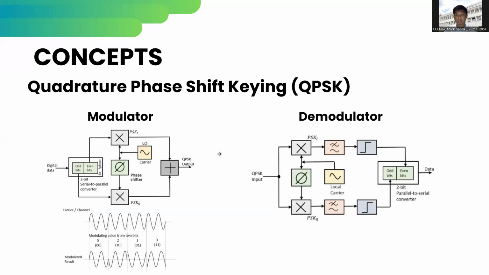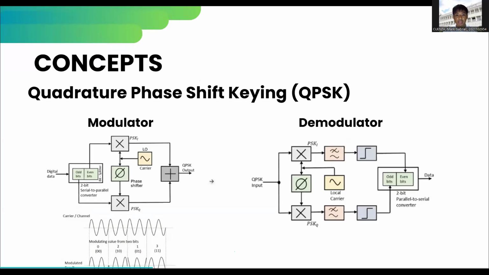There are two processes: the modulation process and the demodulation process. So let's move on to the QPSK modulator. This QPSK modulator circuit uses a bit splitter, two multipliers with a local oscillator, a 2-bit serial to parallel converter, and a summer circuit.